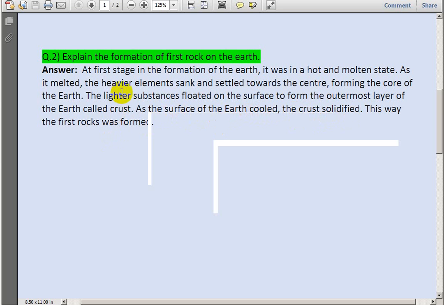Okay, can you say how many types of rocks? Name these three types of rocks. Hey students, you know these three types of rocks. Can you say the names?